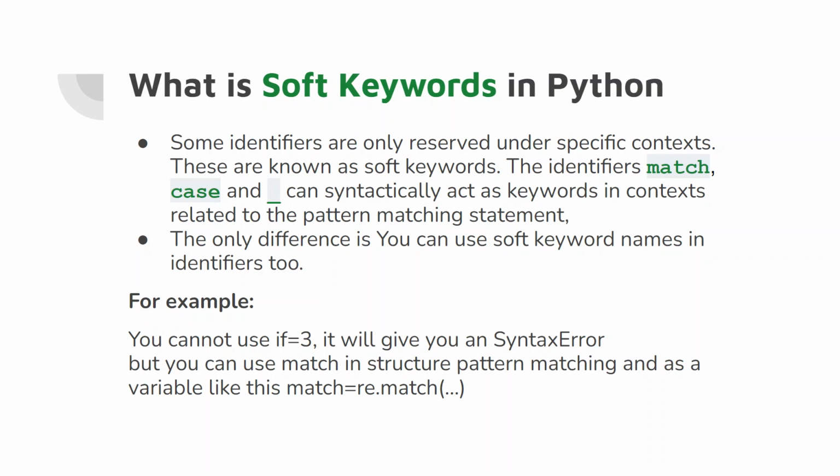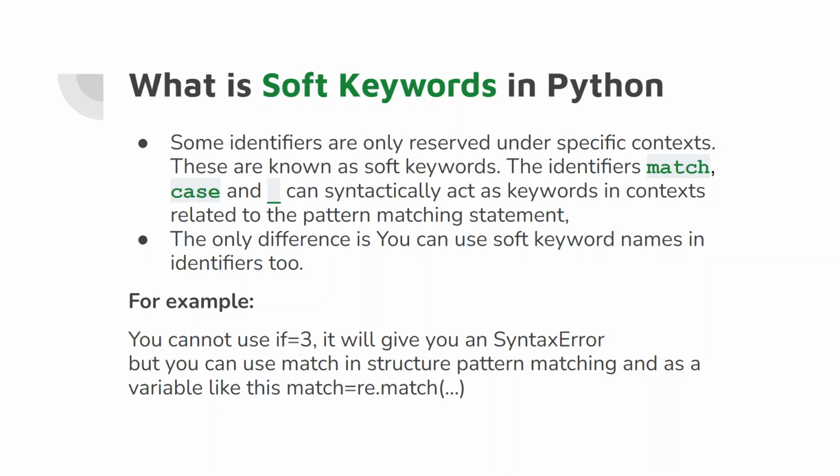The only difference is you can use soft keyword names as identifiers too. With normal keywords you cannot use them as identifiers, but here we can. That's why we call it soft, right? So we can say those are hard keywords, and these are soft keywords.